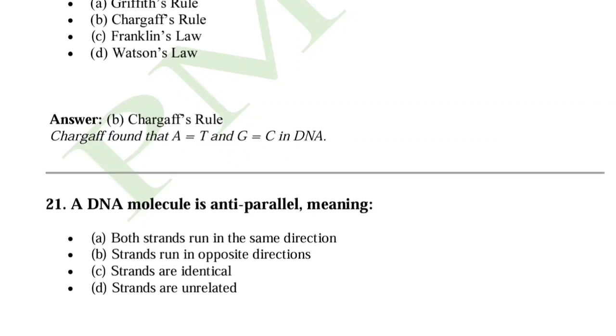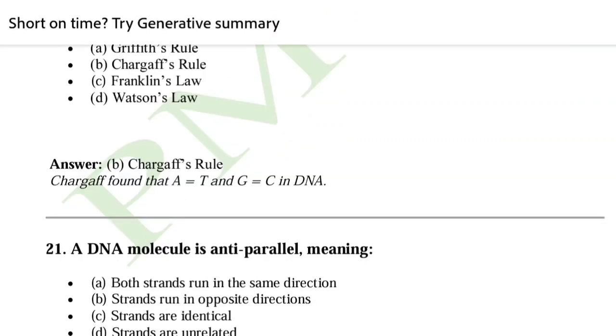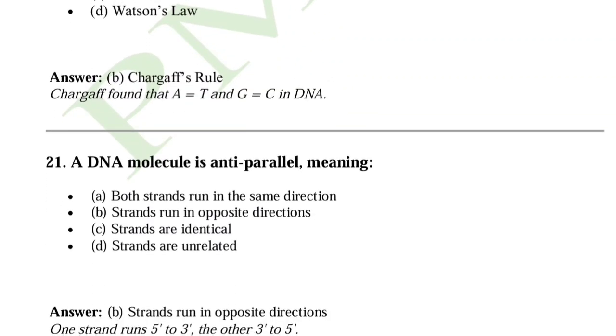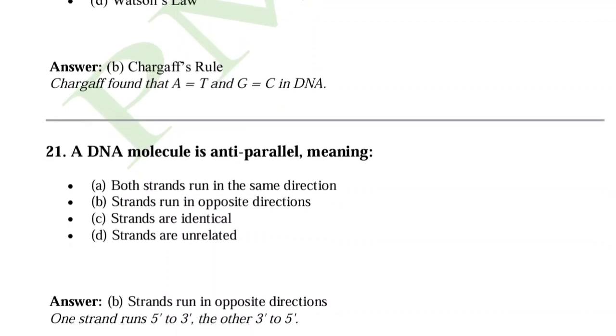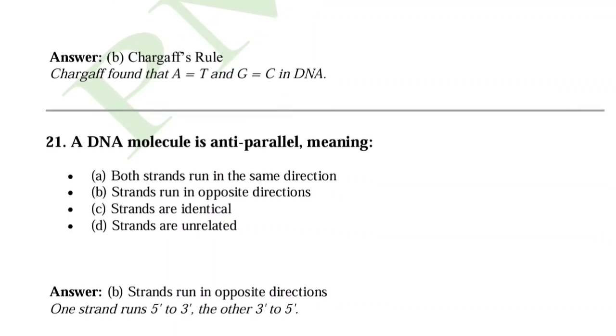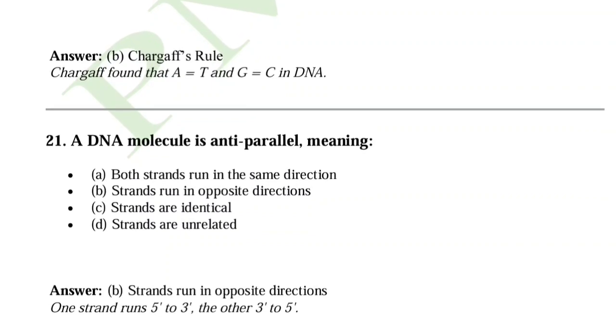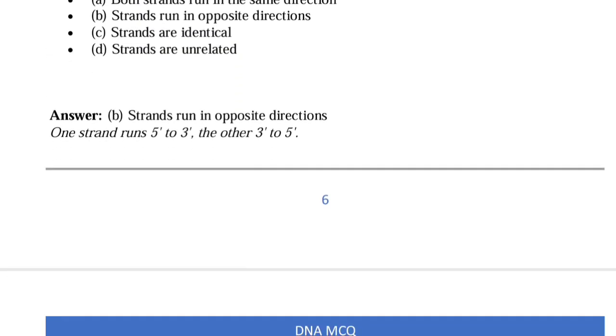Question number 21, a DNA molecule is anti-parallel, meaning that both strands run in opposite directions. Option B is correct. One strand runs 5 prime to 3 prime, and the other runs from 3 prime to 5 prime.